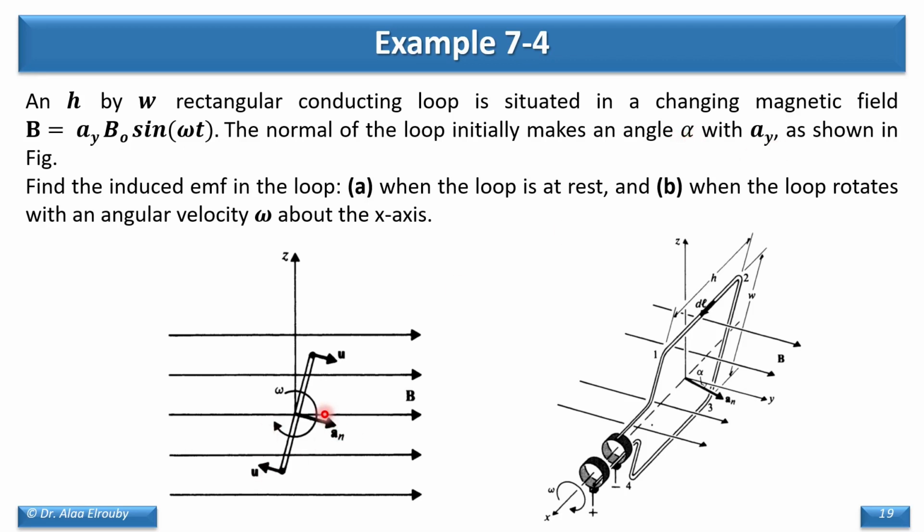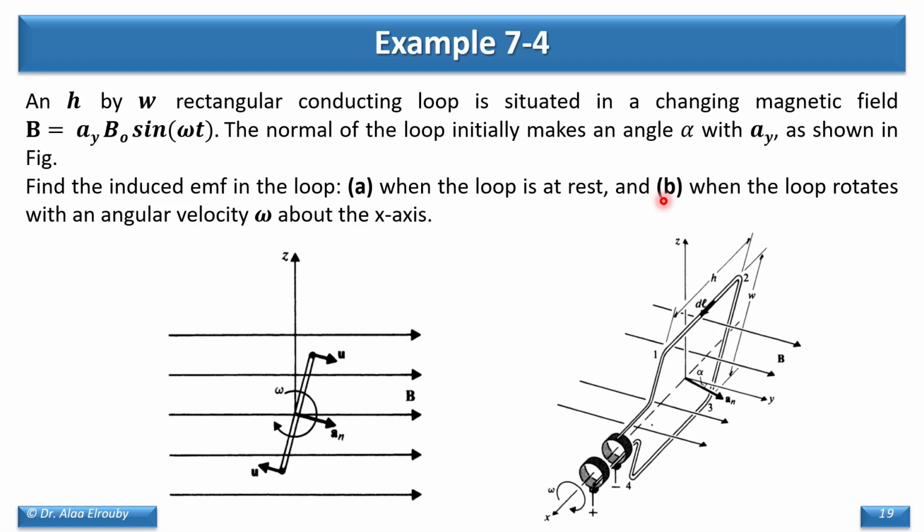So this angle at the beginning equals alpha. The angle between a_y and the normal to the loop. So this is the 3D shape, and this is the cross-section looking in the x direction. We need to find the induced EMF under two conditions.